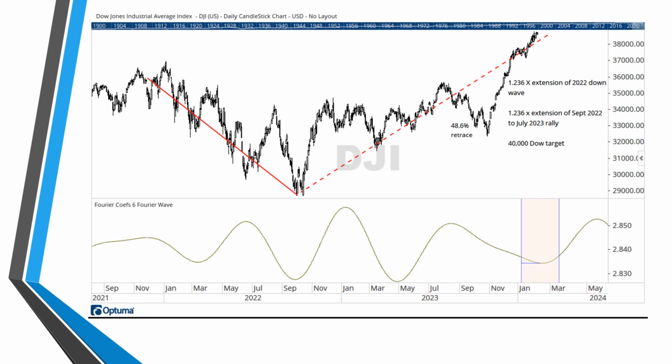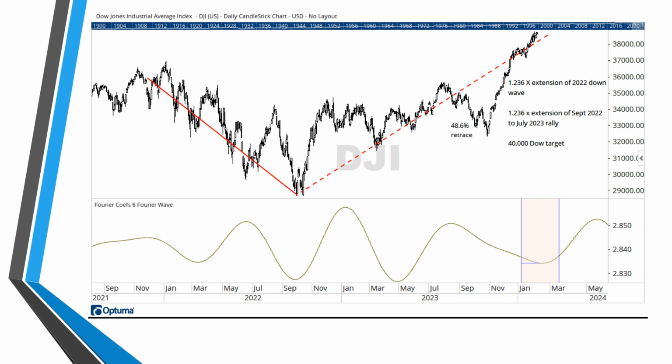Now, I'm just going to wrap up here with a little bit of additional mathematics for you. Here's a chart of the Dow Jones, and we can see in 2022 how it declined, and it bottomed in October of 2022, rallied into July of 2023, pulled back, and then in early November of 2023, it decided to rally again.